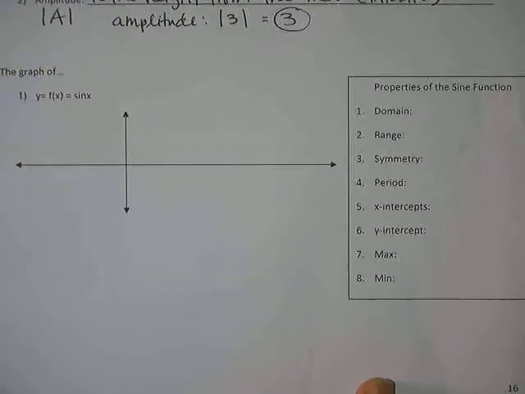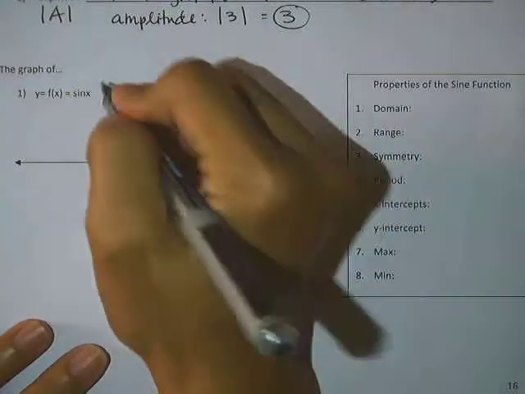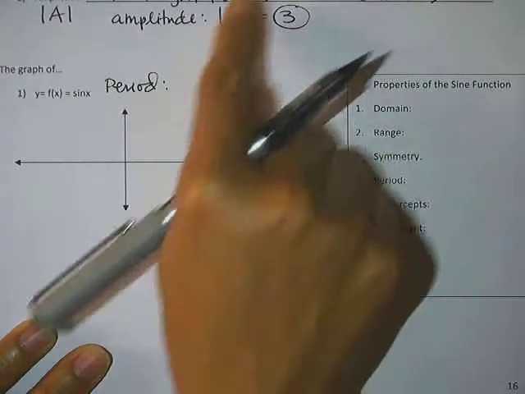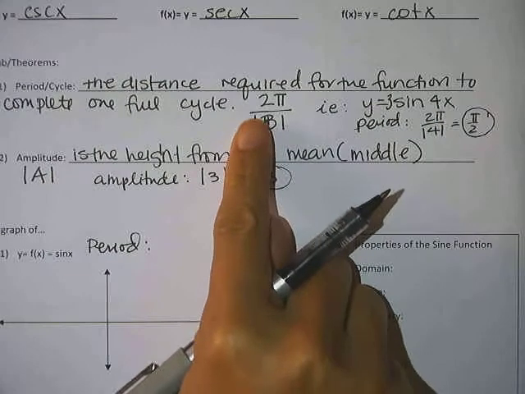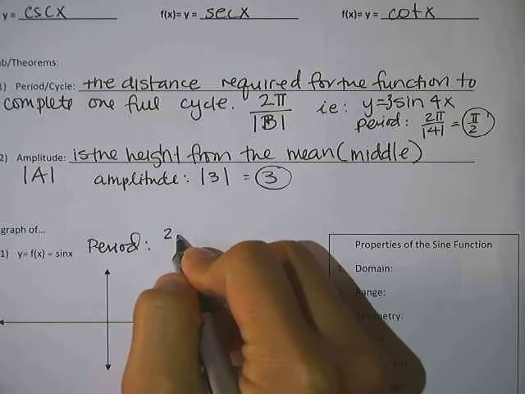So this is the parent function, y equals f of x equals sine of x, because y and f of x are exactly the same. So let's find the period and amplitude. My period, from the definition above, is 2 pi divided by the absolute value of b.